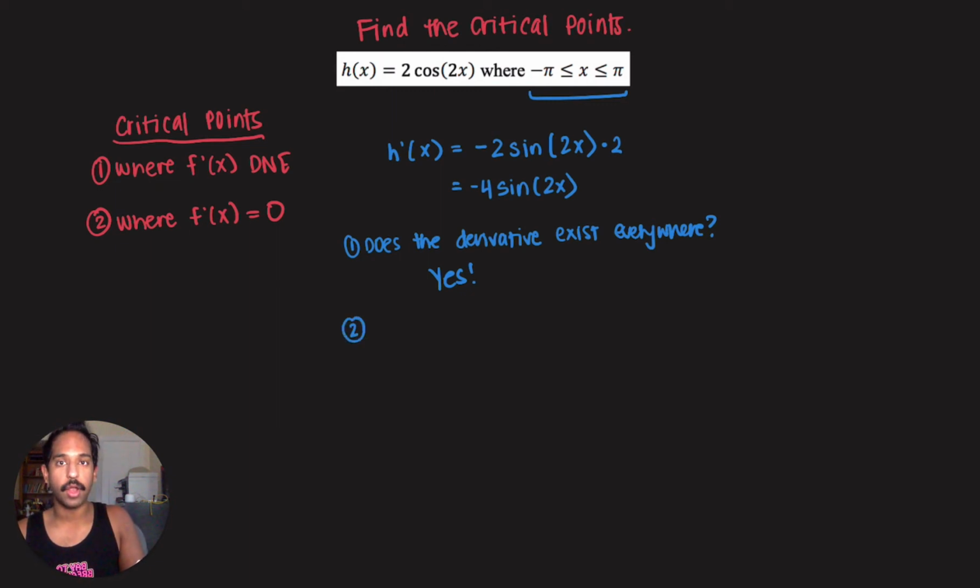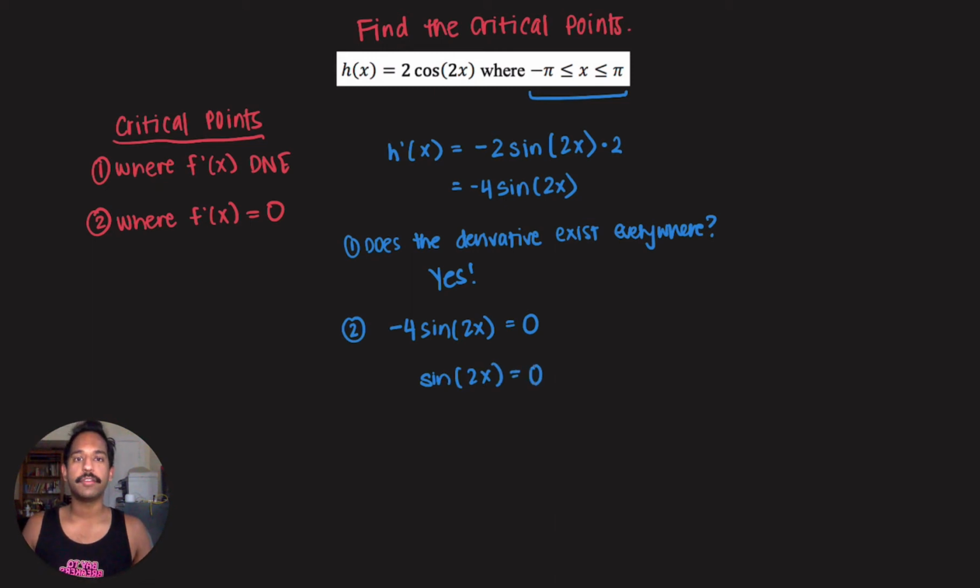Is there a place where the derivative equals 0? So let's set that up. Negative 4 sine of 2x equals 0. We divide both sides by negative 4, and we get sine of 2x equals 0. And so now we need to find where on our unit circle sine equals 0.